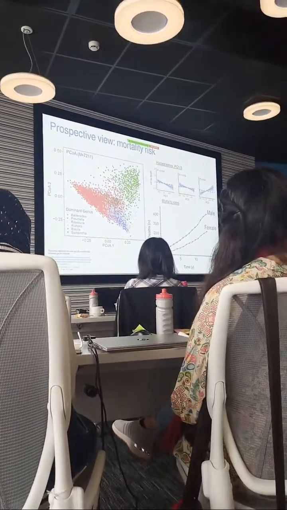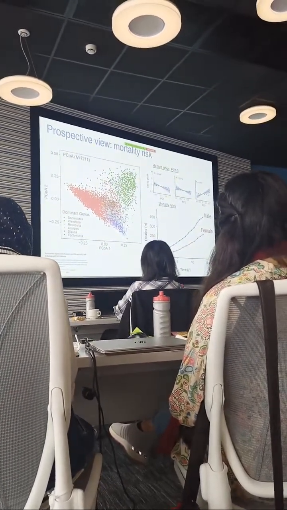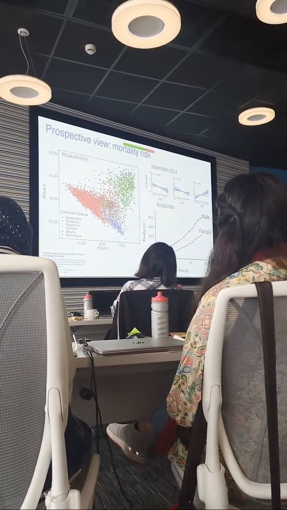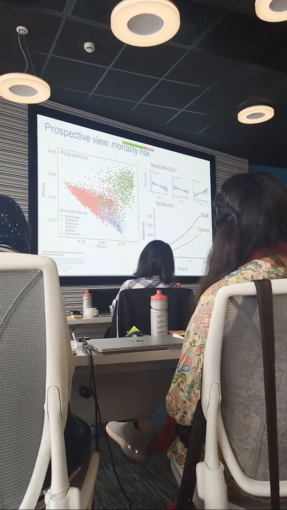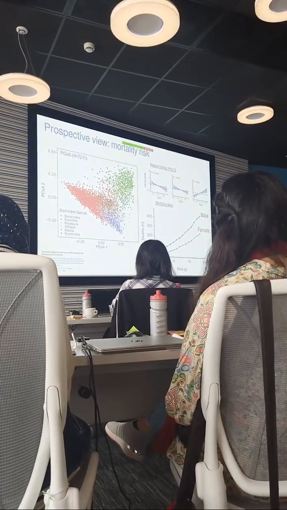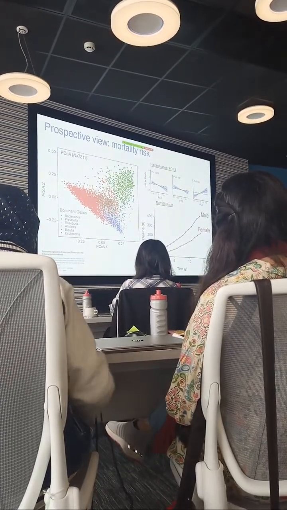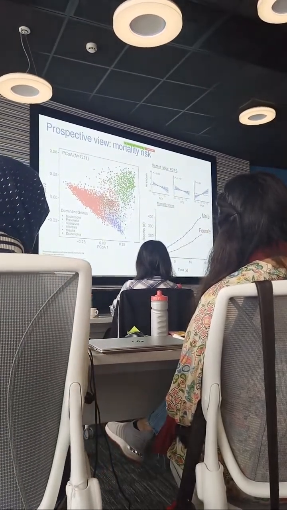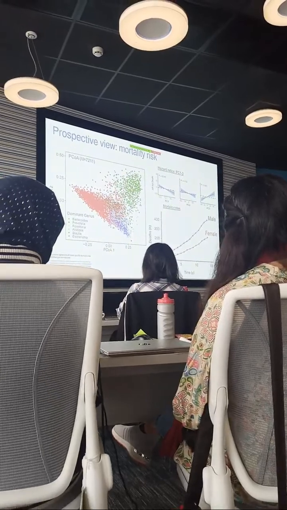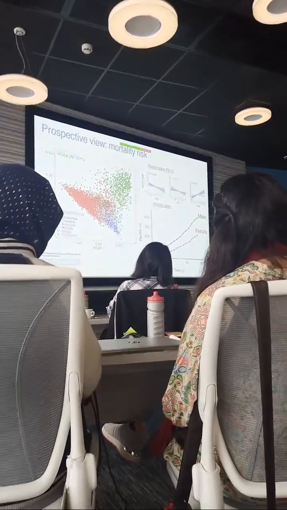This is the cumulative mortality rates of the individuals across 15 years after the sample collection, and this is the cumulative deaths on the y-axis. So far, after 15 years, we have about 10% of the individuals dead, and we can associate this in various ways with microbiota composition.